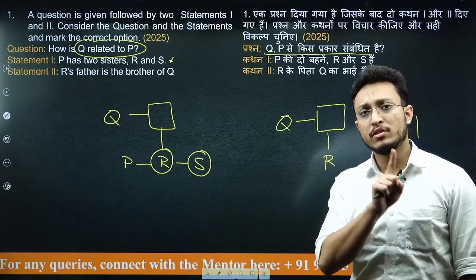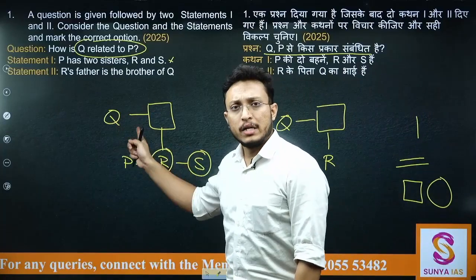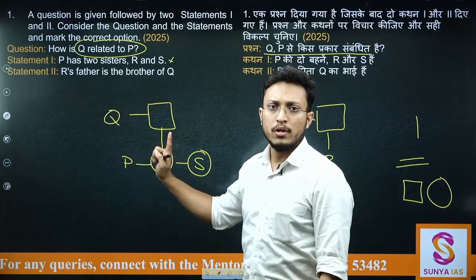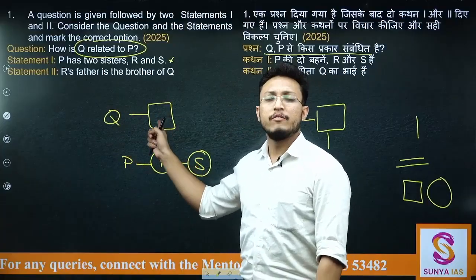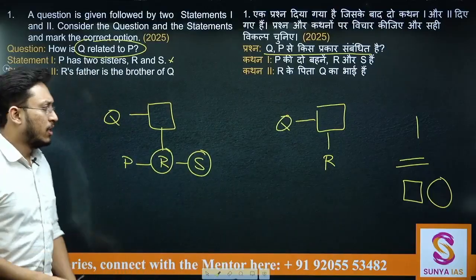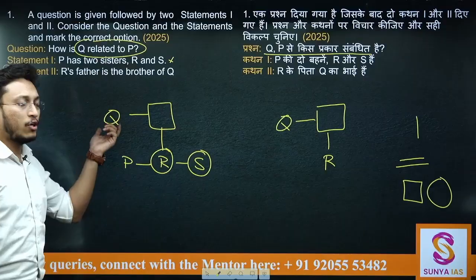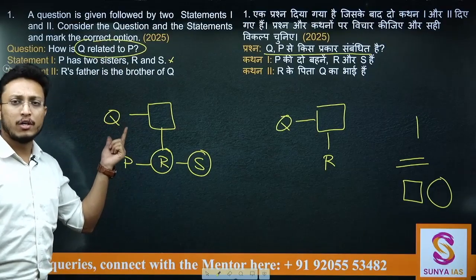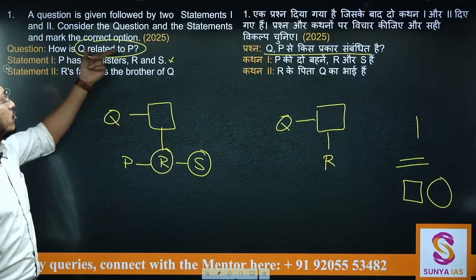If Q becomes the sister of P's father, then we can say that Q is the paternal aunt या बुआ होगी. If Q becomes the brother of P's father, then we can say that Q is the paternal uncle या चाचा बोला जाएगा. That means right now we don't know, using this information we cannot decipher the gender of Q. If we cannot decipher the gender of Q, we cannot for certainly answer that how is Q related to P.